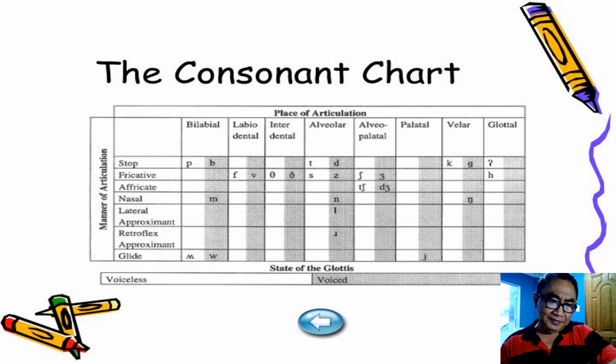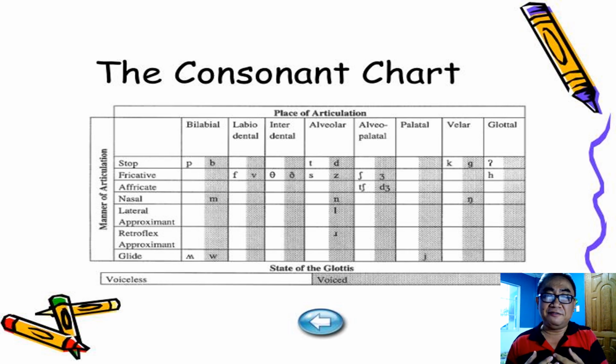What are fricatives in the manner of articulation of consonant sounds? Fricative, sometimes called spirant, is where there is continuous friction or frication and turbulent, noisy airflow at the place of articulation.